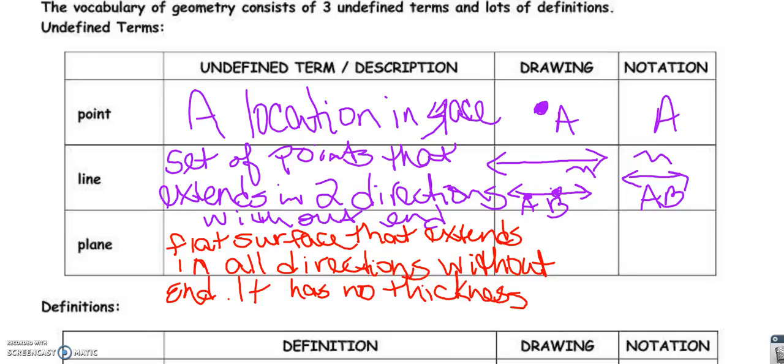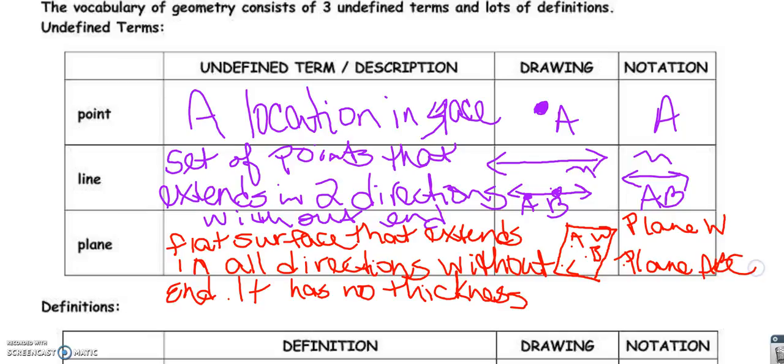So the way you draw a plane, and they don't look like squares, they're kind of at an angle like that. You can have a letter up there that's the name of it, or you can have several dots like A, B, and C. And so you would either call this plane W, or you could call it plane ABC.